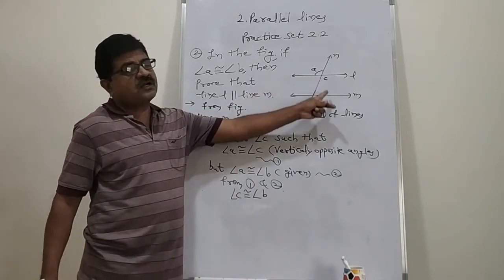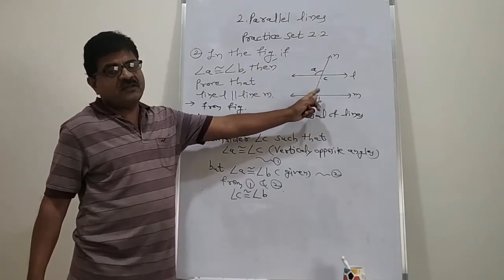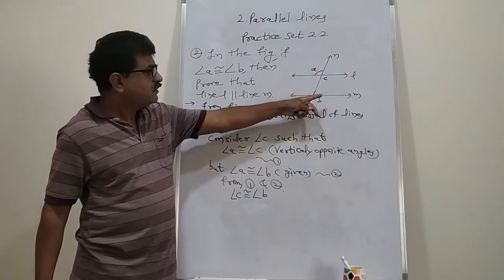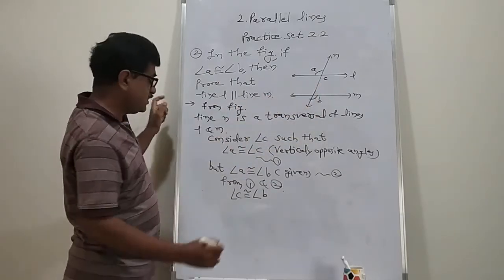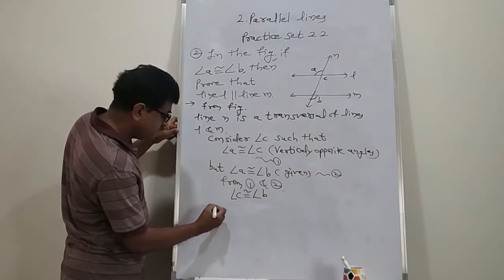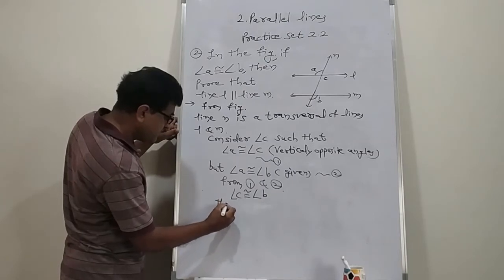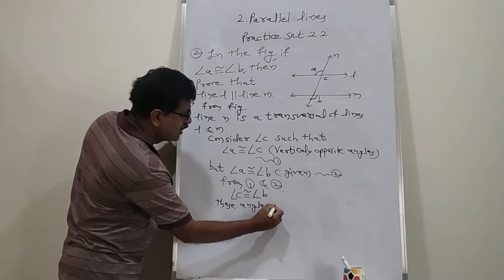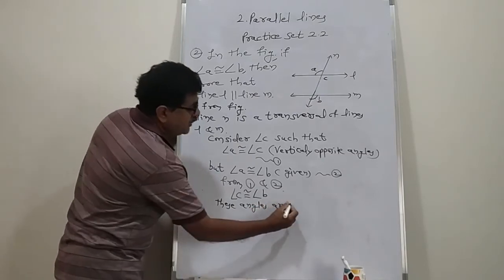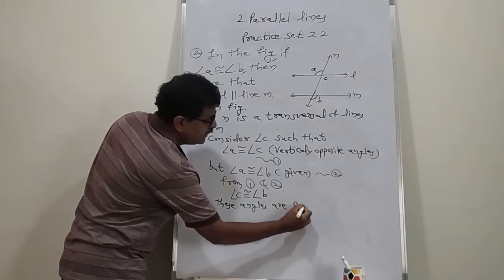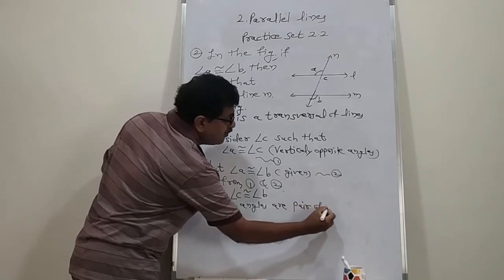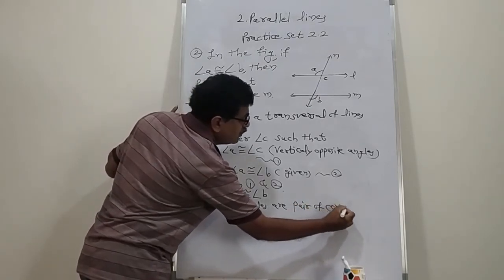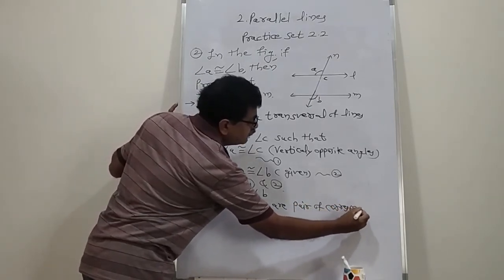These two angles are congruent, and these angles are a pair of corresponding angles.